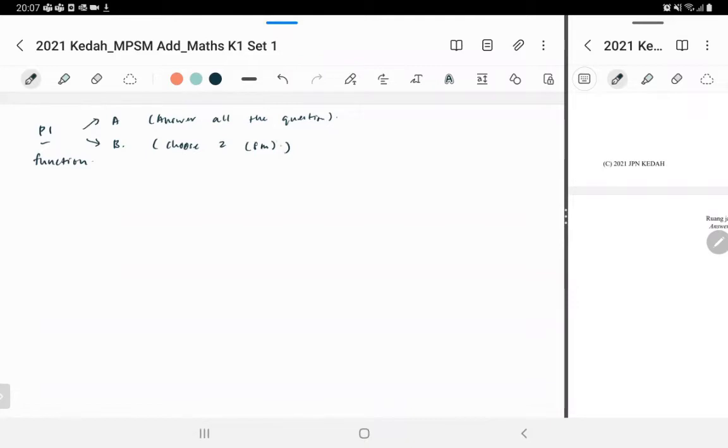For the part A questions, functions is one of the compulsory questions that comes out in almost all the papers in all states. In functions, please put focus on the composite function.